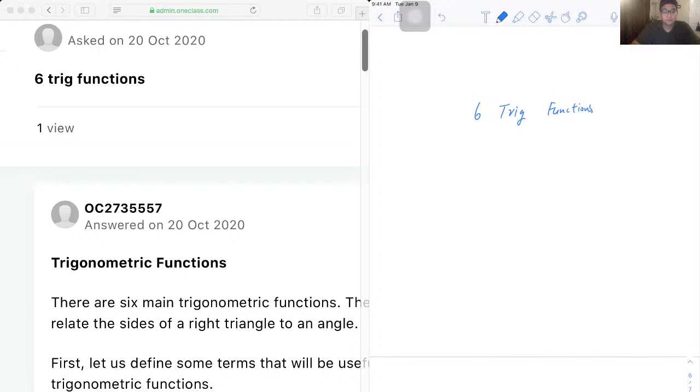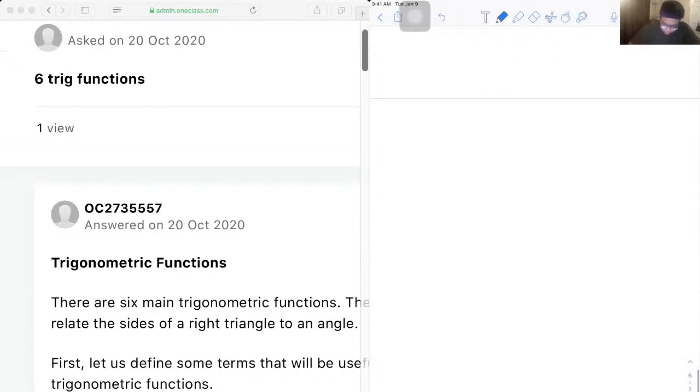There are 6 main trigonometry functions, and these trigonometry functions relate to the sides of a right triangle and an angle. And so first, let's just define some terms that will be useful for this question.